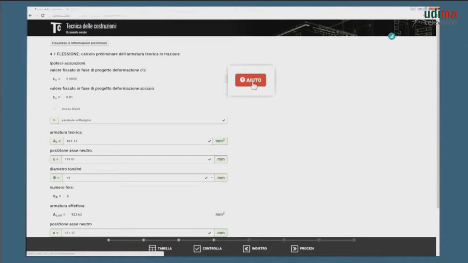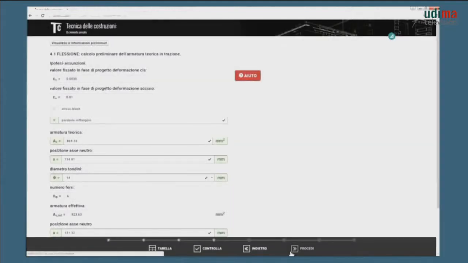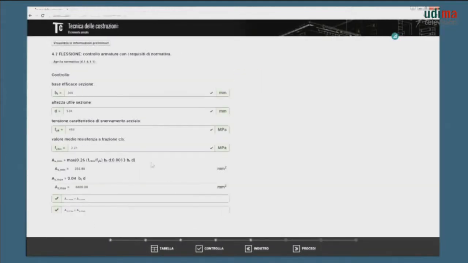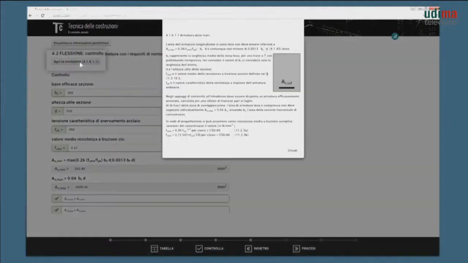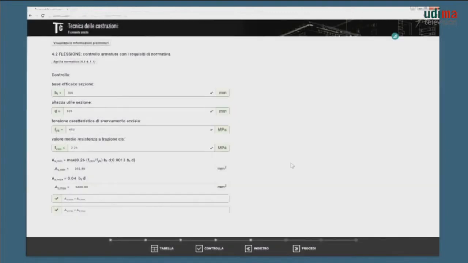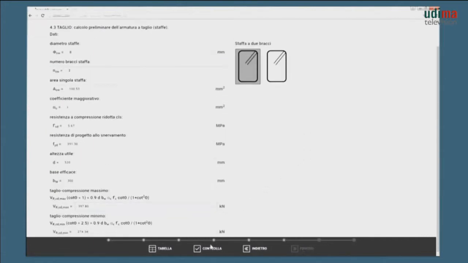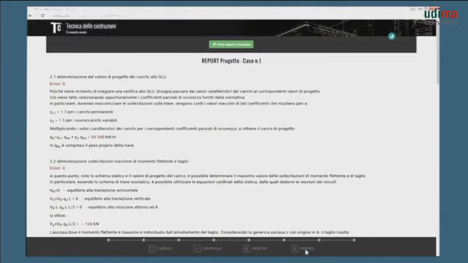Suggestions given by the help option will guide the student in the choices to make and in the calculations to do. We proceed by going on to check the limits on the amount of reinforcements requested by Italian law. We then move on to the calculation of the shear reinforcement and the parameters relating to the brackets. Even in this case, the controls on the amount of reinforcements requested by law are foreseen.